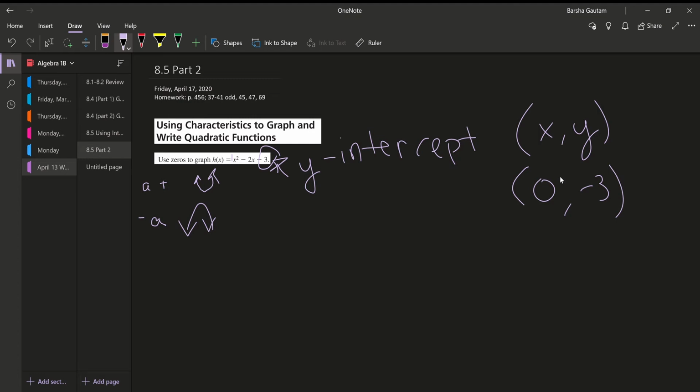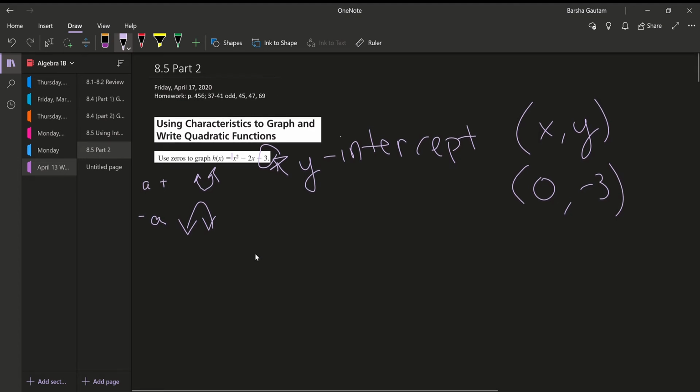And so we notice that this function here is factorable. So we're going to need to convert it into intercept form. And by converting it to intercept form, we'll be able to get a few extra points to graph it. So let's go ahead and factor this.